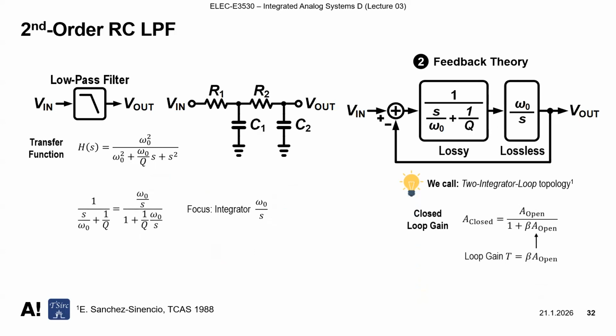Then we can go even further within this formula. The lossy integrator has a first order low pass filter formula. Then we can go even further as we discussed last time.